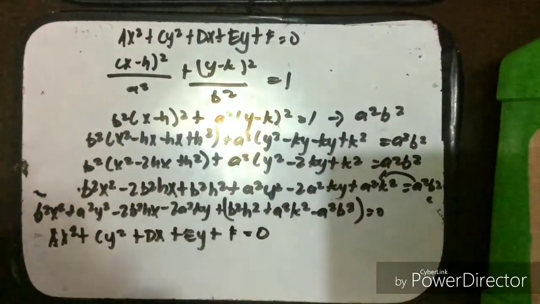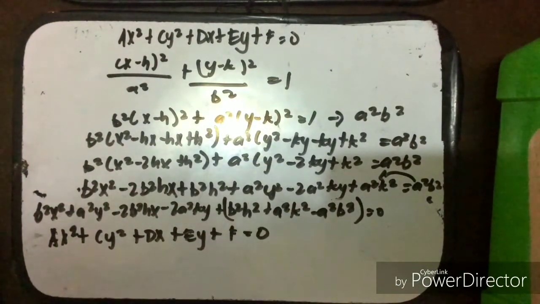Equate it to 0. You preserve the sign, and this is the general equation of an ellipse.